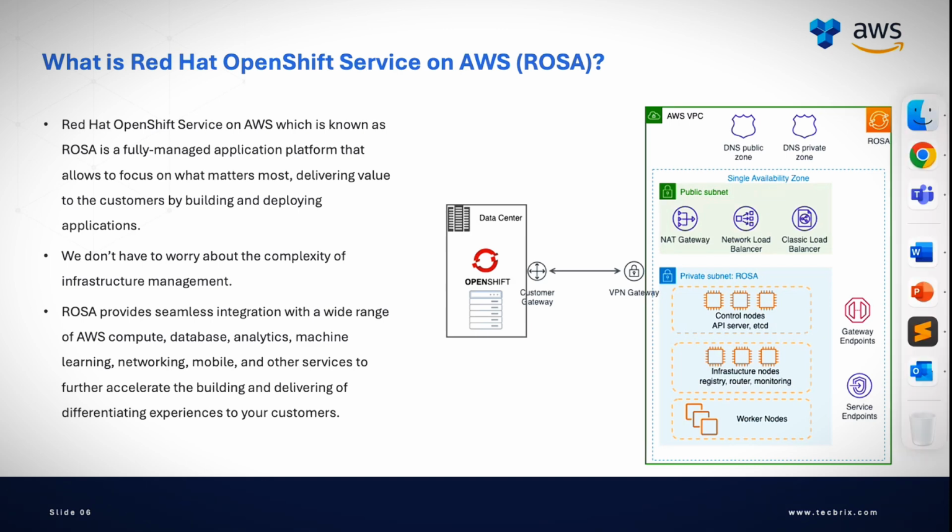Next is security and compliance. With the help of AWS IAM and KMS, we can leverage these two services. IAM is for identity, and it is very much possible to integrate OpenShift with AWS IAM. Then we have KMS, the key management service. It will help with data encryption in transit, enhancing the security for your sensitive data.